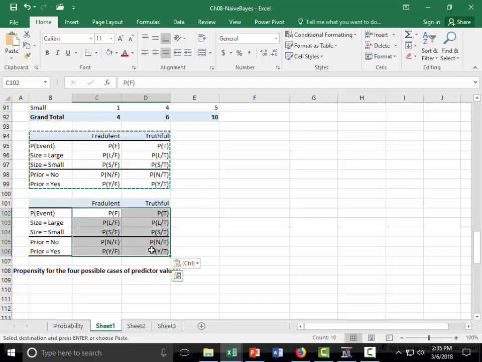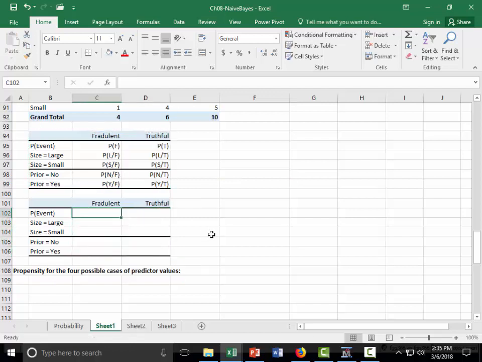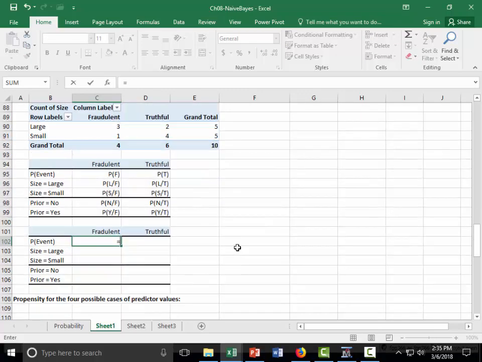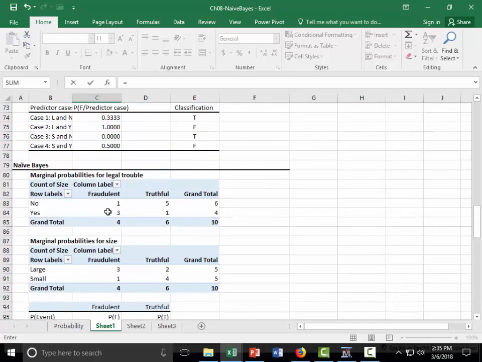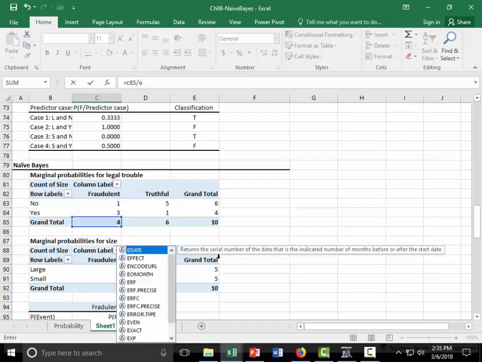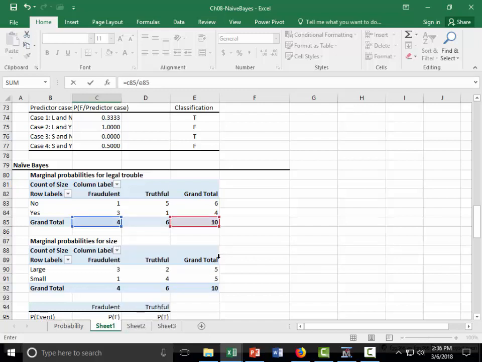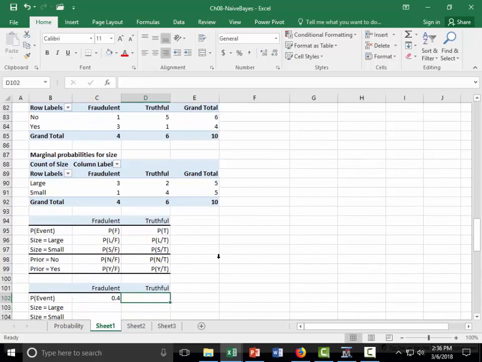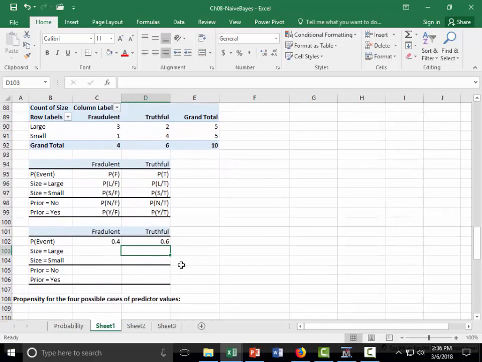Okay, so now we can compute these probabilities. Probability of the event is the same as before. So fraudulent is C85 divided by E85, and truthful will be 1 minus that. So that's our prior probability.